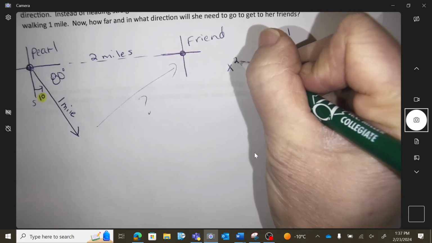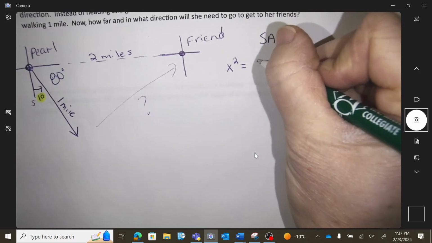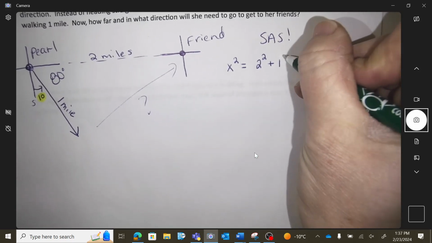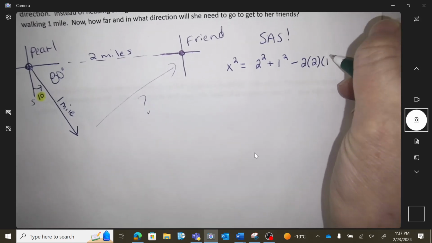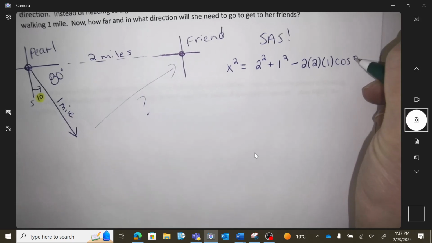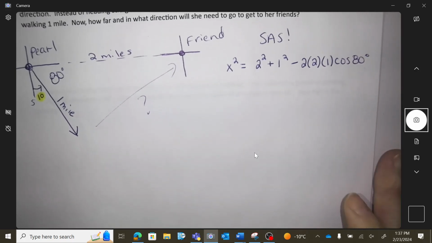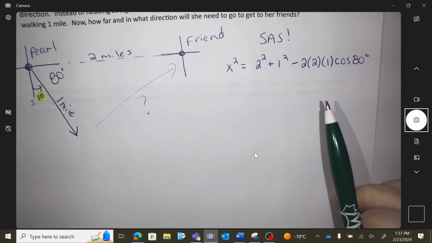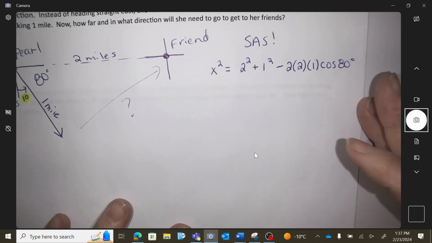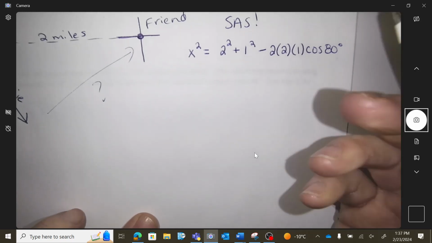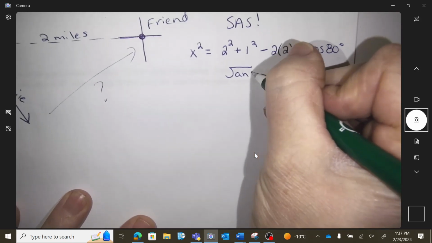So x squared equals 2 squared plus 1 squared minus 2 times 1 times cos 80. Okay, again, you get these formulas on your formula sheet, but you have to know how to use them. Square root answer.